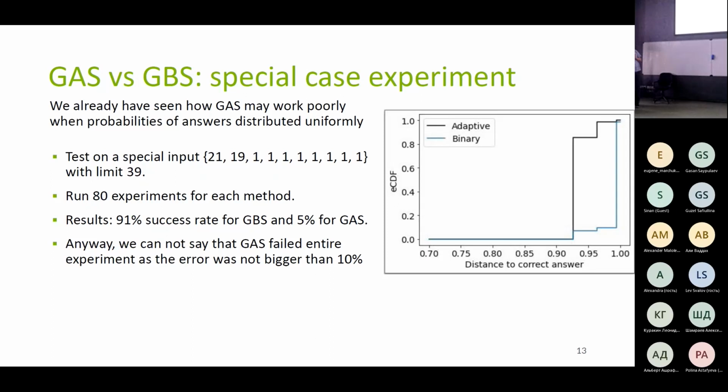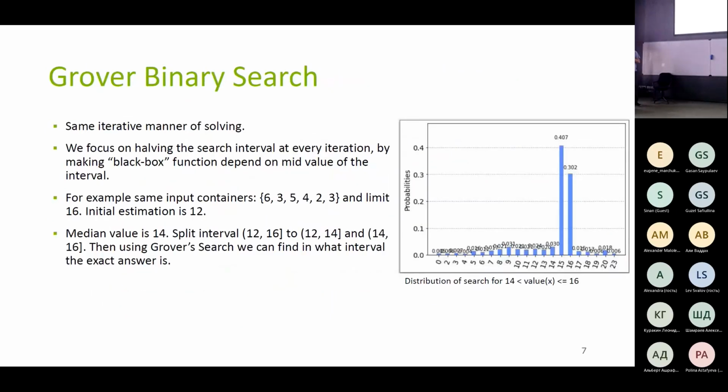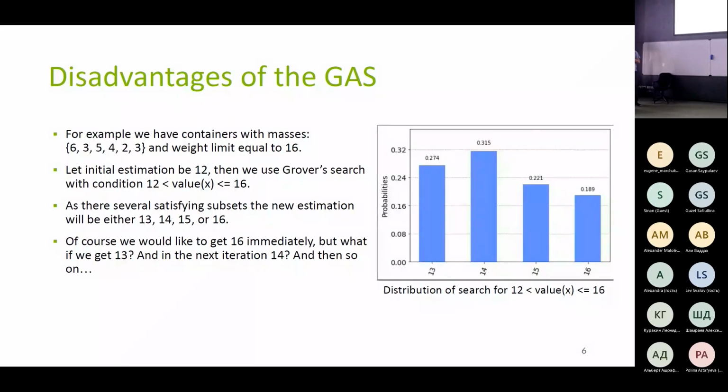You already have seen how it may perform poorly when the probability of an accident is low. So you have a number of campaigns. So we need to clarify.